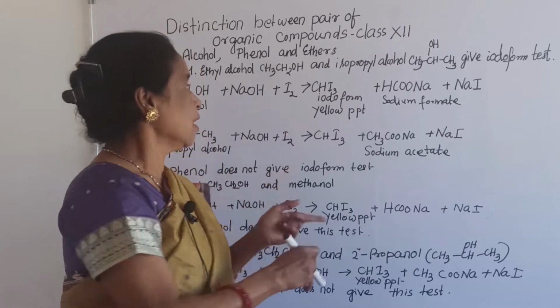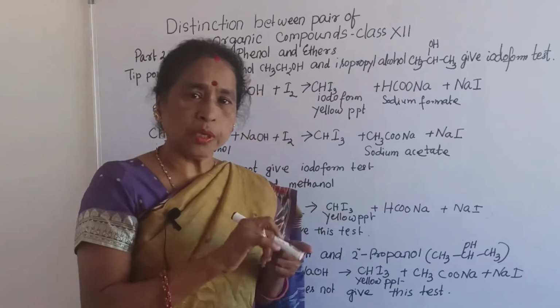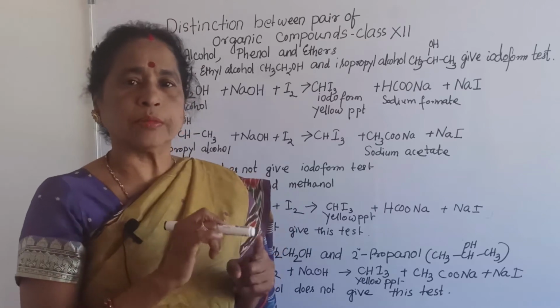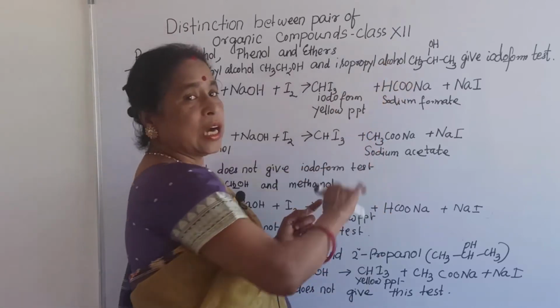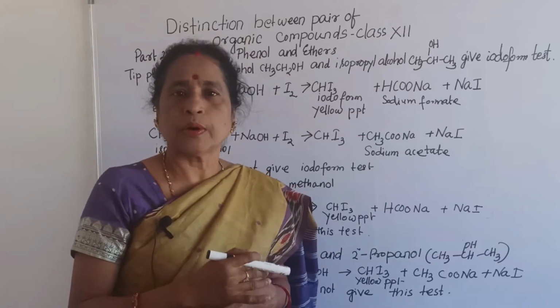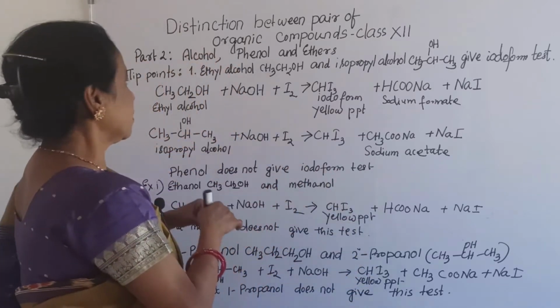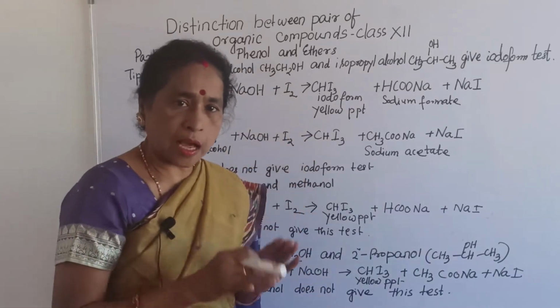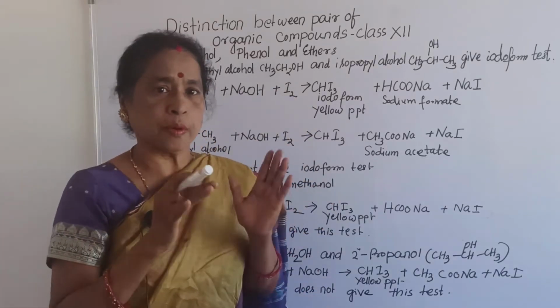Actually here ethyl alcohol, though it is a primary alcohol, will give the iodoform test. Similarly, isopropyl alcohol also gives the iodoform test. That means you should remember ethyl alcohol and isopropyl alcohol will give the iodoform test.